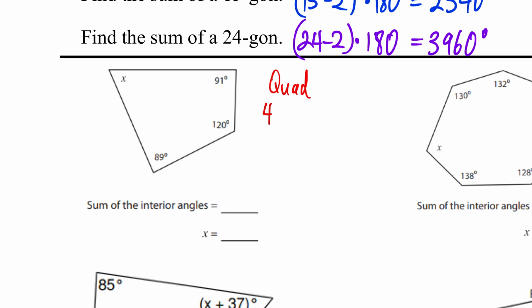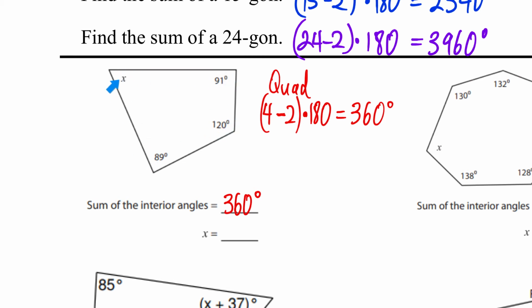Okay, if you forget, just use this formula I just gave to you. Go 4 minus 2 times 180. A quadrilateral has 4 sides. So I'm just using that formula we just talked about. 4 sides, plug that in there. 4 minus 2 times 180 is what? 360. So in this quadrilateral, those 4 angles will always add up to 360.